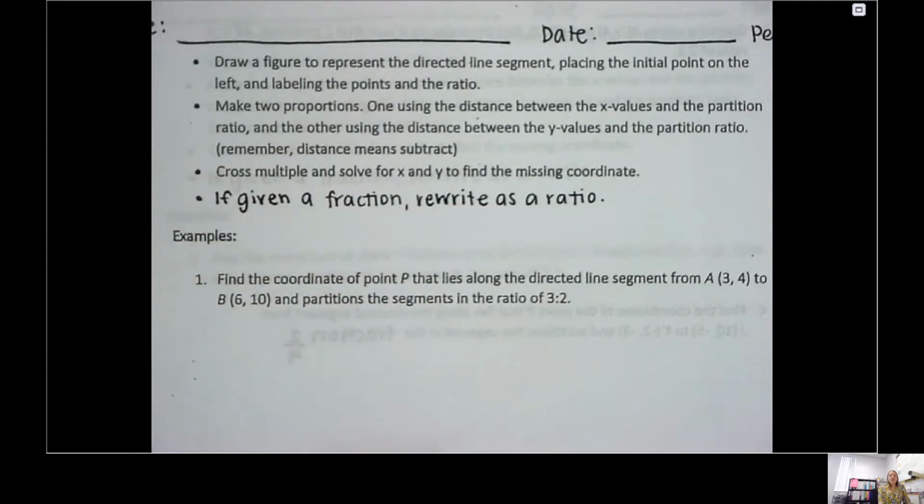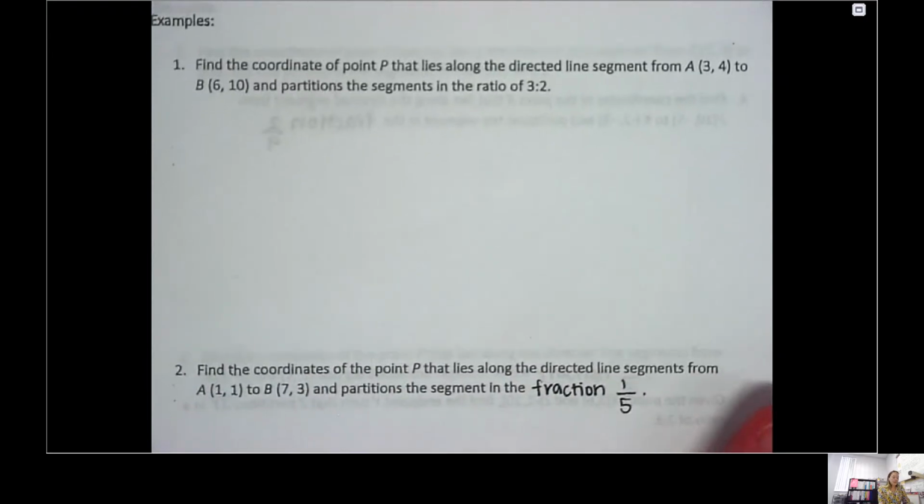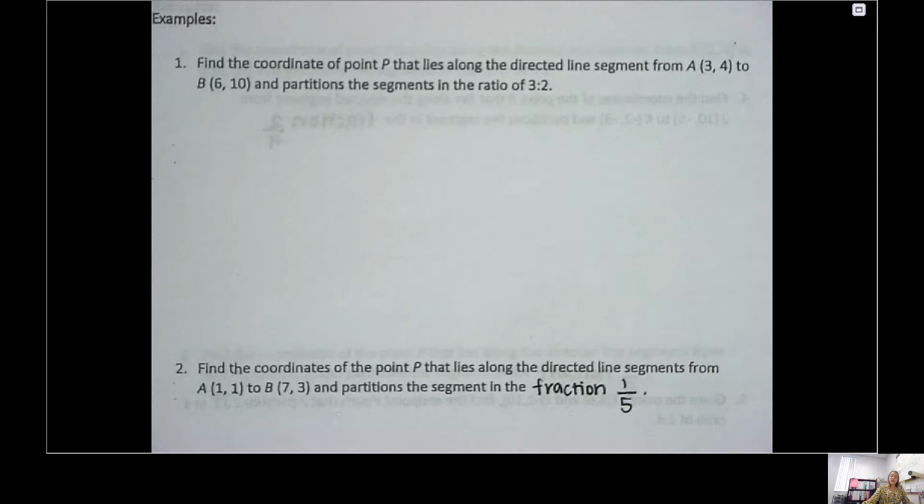Okay, so let's do the first one. I think after our first one, you're going to feel a little more comfortable and more confident. Don't write too big, and don't draw your picture too big either, because I made that mistake first period and ran out of space. Question 1 says, find the coordinate of point P that lies along the directed line segment from A to B that partitions the segment in a ratio of 3 to 2.